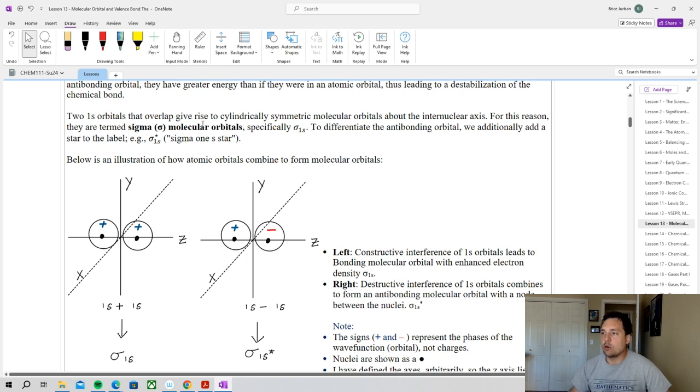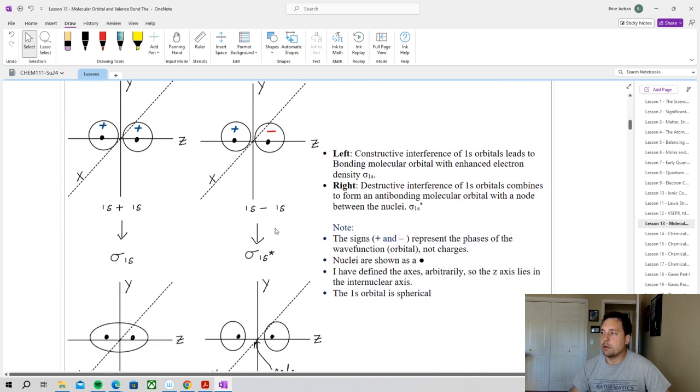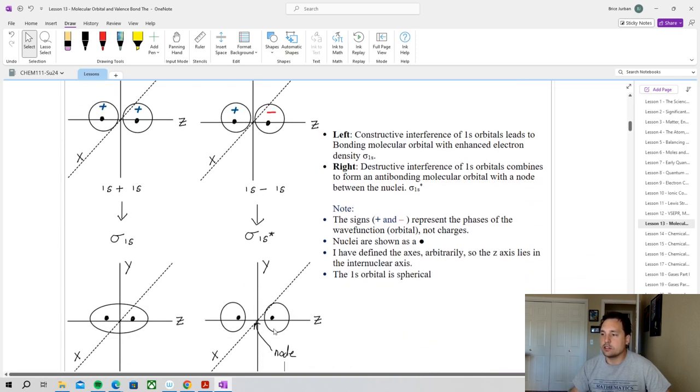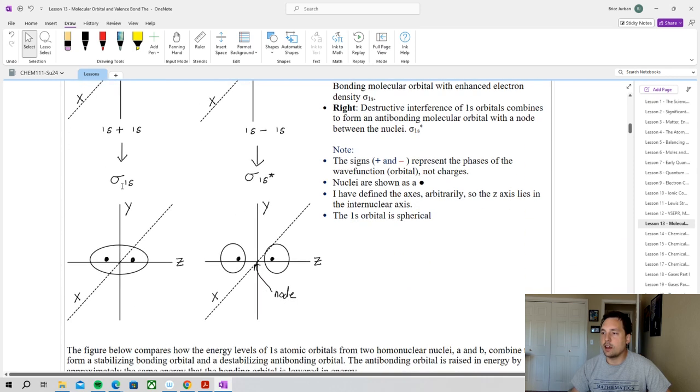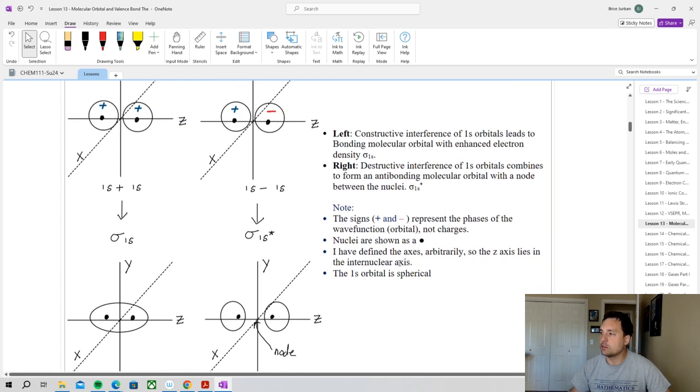Now, because these orbitals are both cylindrically symmetric about the internuclear axis, they're both referred to as sigma orbitals. And then the antibonding orbital is going to be indicated with a star or an asterisk. So I'll be calling this the sigma 1s and the sigma 1s star molecular orbitals.